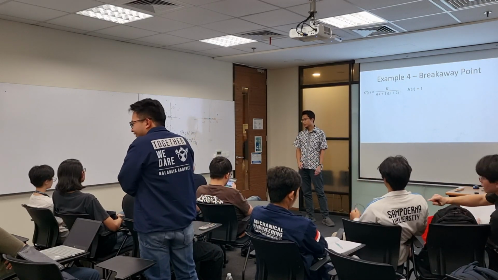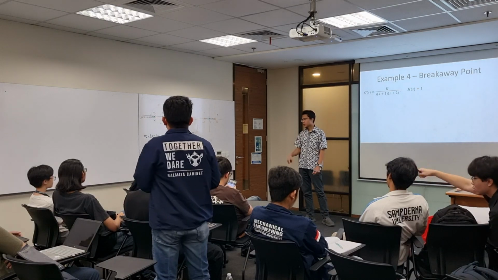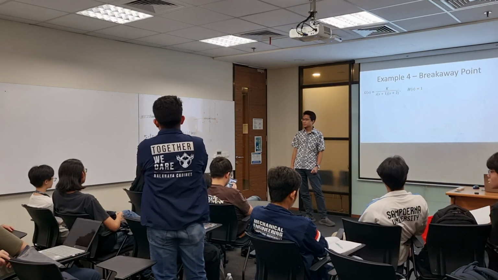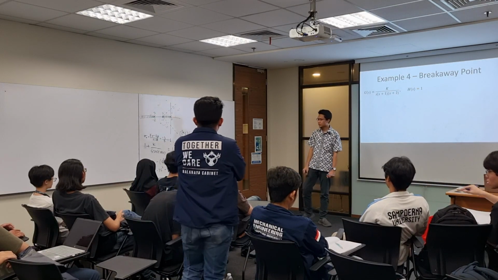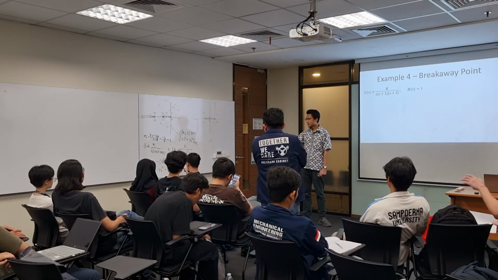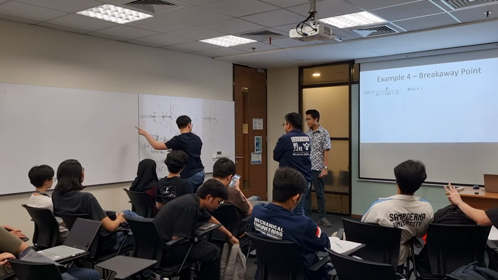Okay, now you just have to find out the roots. Yeah, the roots of this. Zero. On the right side, you write down 0. Yeah, you can do that there.